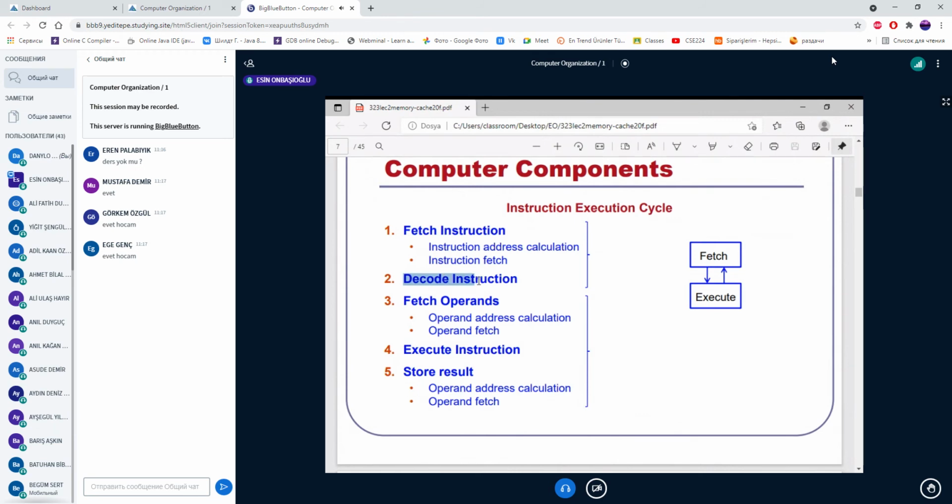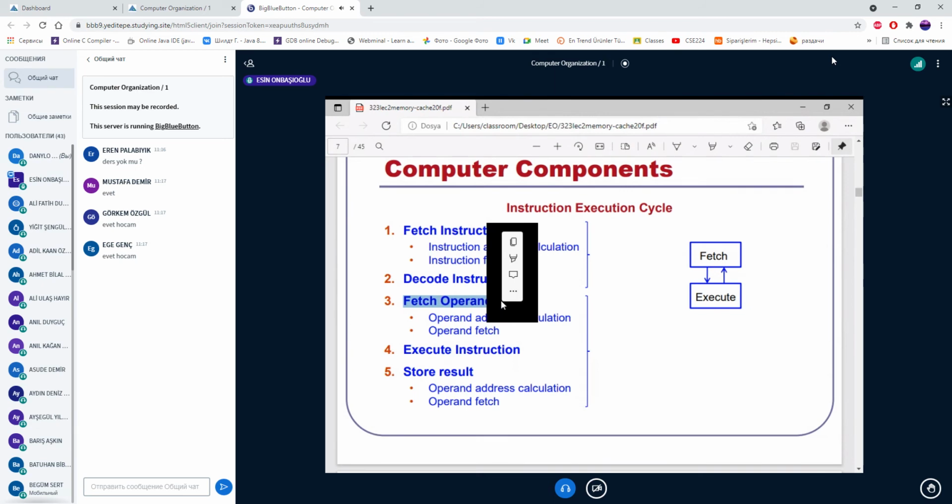Then the instruction is decoded, and then the operands must be fetched. We know that the operands are in the main memory also. If in the instruction there is one operand, that operand will be read from main memory into the CPU. That is the second memory access. If there are more operands to read, then the second operand must also be read from the memory.